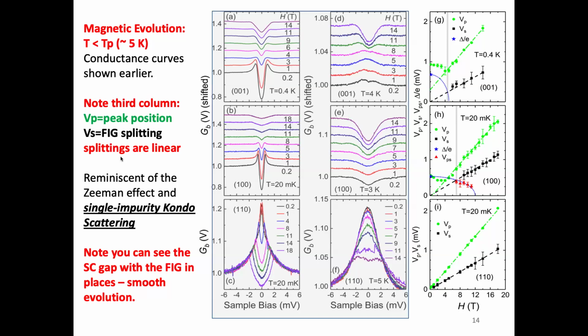Yes? Given the indications of the tendency to form preformed pairs, is there evidence for a BCS-BEC crossover? The question was, given that there's evidence for preformed pairs in certain materials, and maybe here, is there evidence for BEC-BCS crossover?